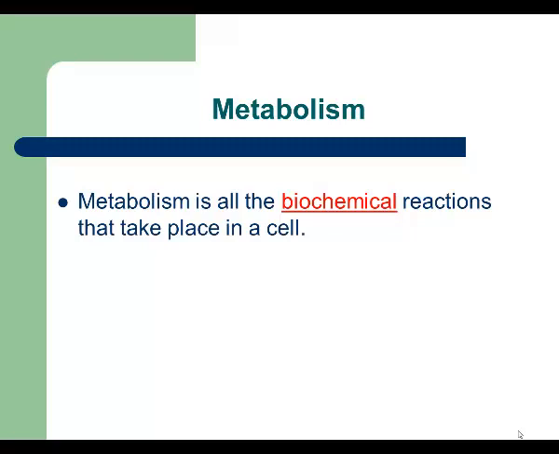The steps of this process are called biochemical reactions, and they are all catalyzed by enzymes. Metabolism of most living things is similar, but there are some differences depending on the kind of organism and the conditions under which the organism is growing.